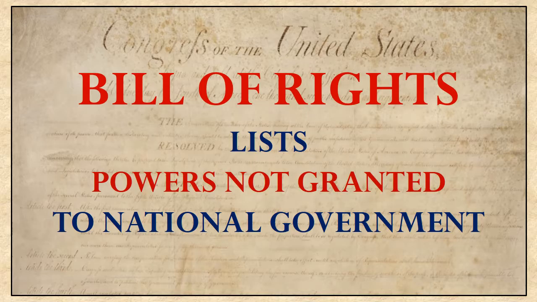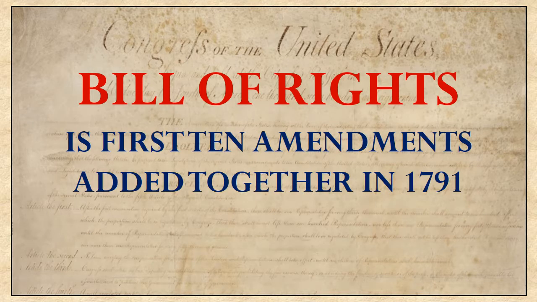So the Bill of Rights is a list of things that the government is not allowed to control. The Bill of Rights consists of the first 10 amendments that were added to the Constitution. And what we're going to do is spend the next several lessons going through the Bill of Rights in detail, seeing what powers were denied to the national government and why they were denied.